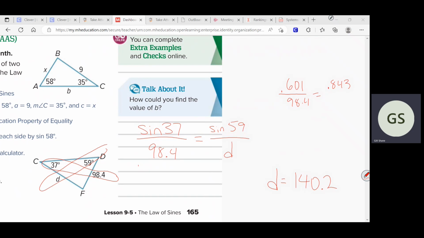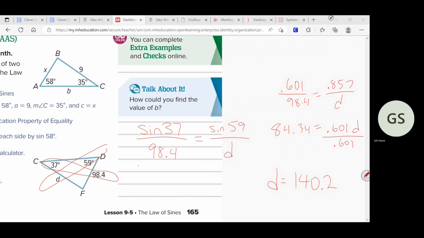No, I just want the sine of 59, not multiplied times 9. 0.857. So you can put dx, whatever the variable is. Now when we multiply, you get the 84 point what? 0.34. And then you have to divide by that on both sides.